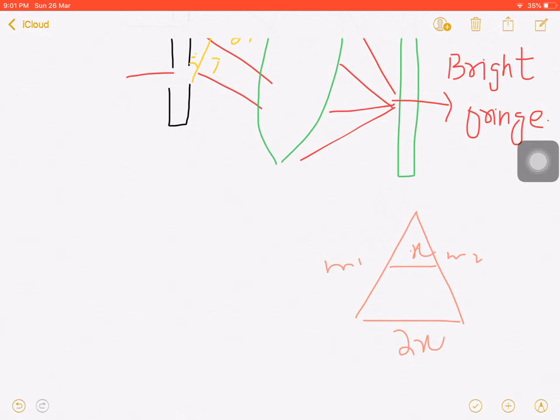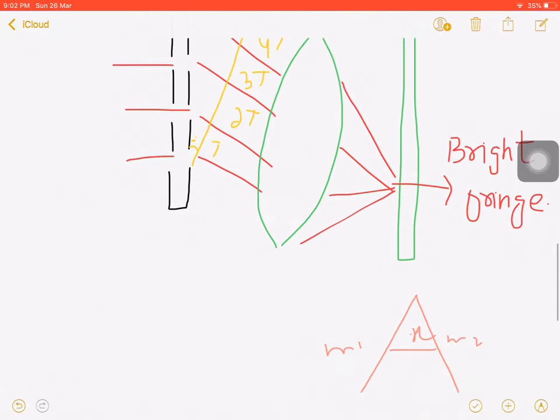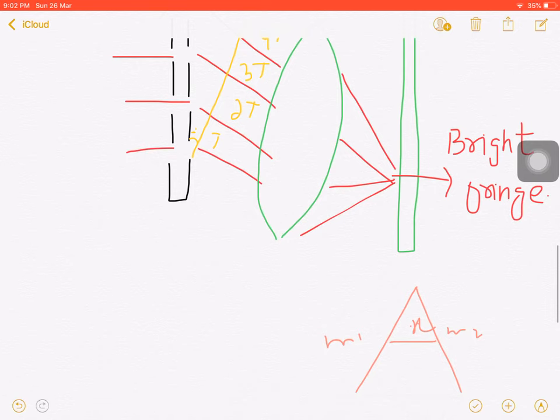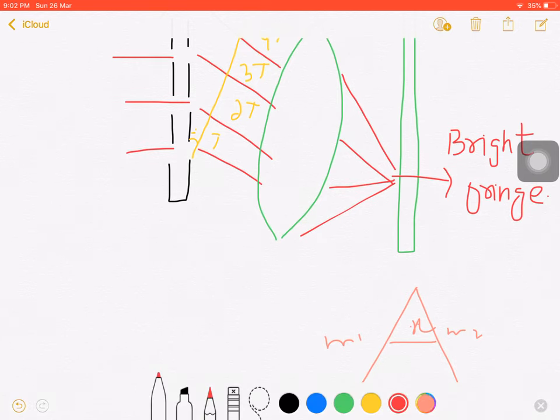If the path difference between point A and point B is lambda, then we have the first order image.